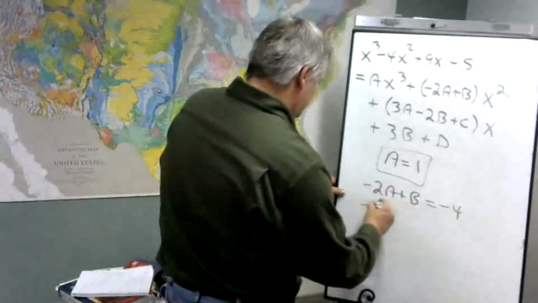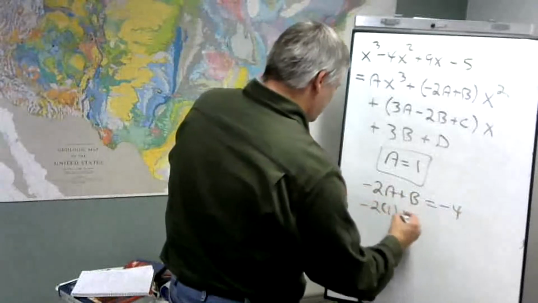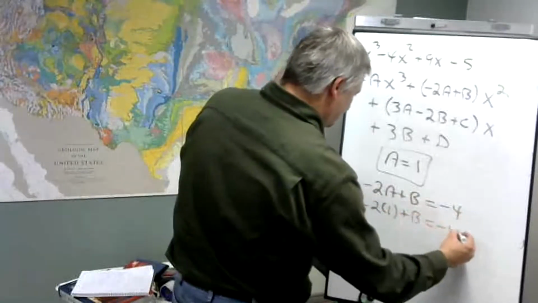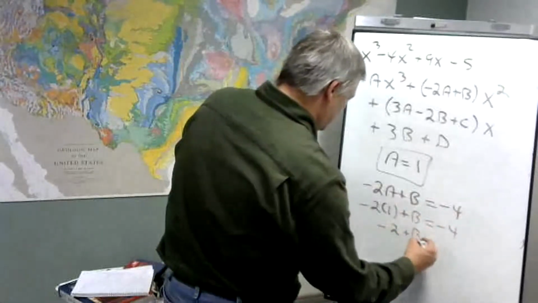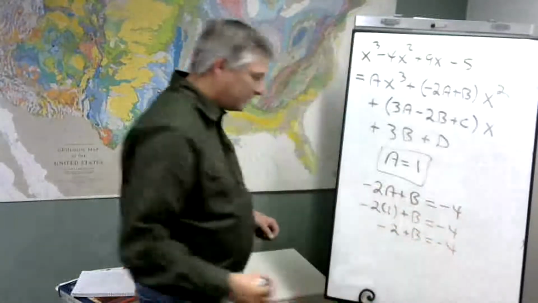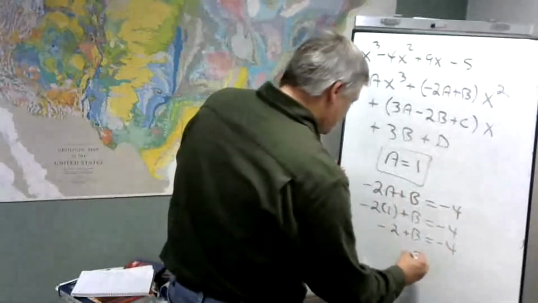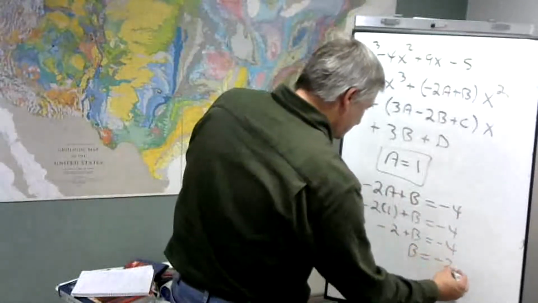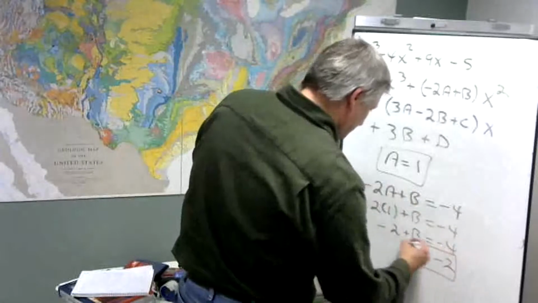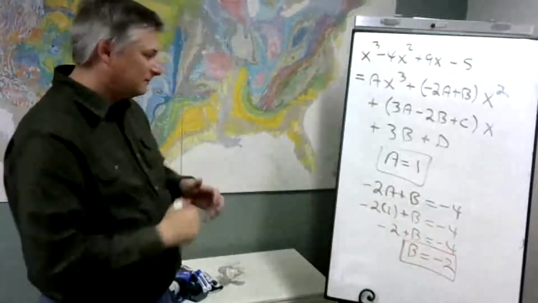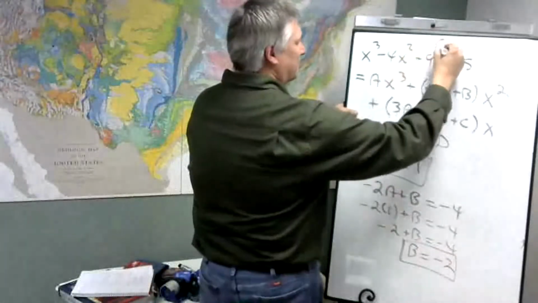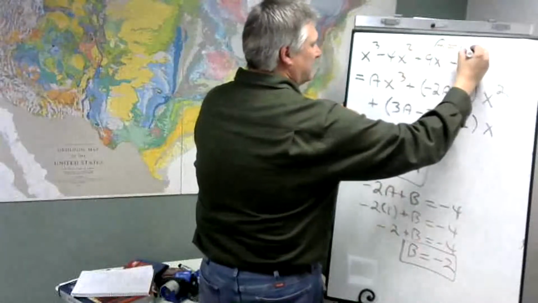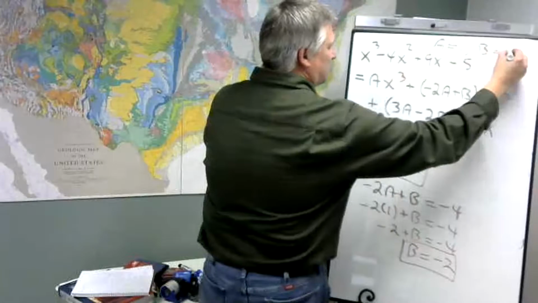So that means negative 2 times 1 plus b is negative 4. Negative 2 plus b is negative 4. Add 2 to both sides. b is negative 2. Okay, good. I'm going to put that off to the side here. a is 1, b is -2.